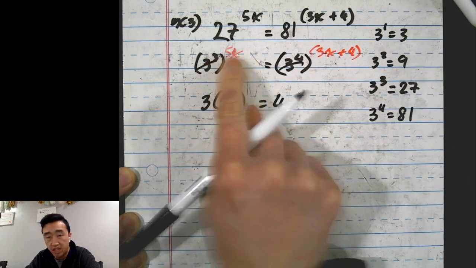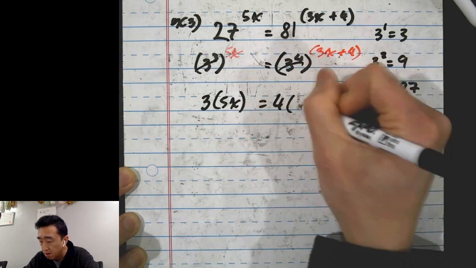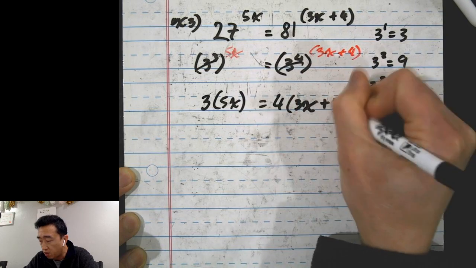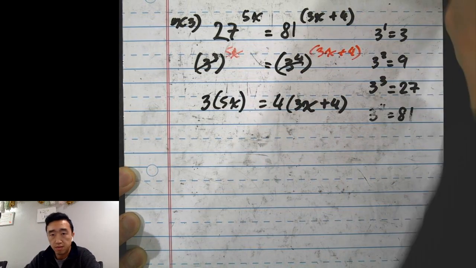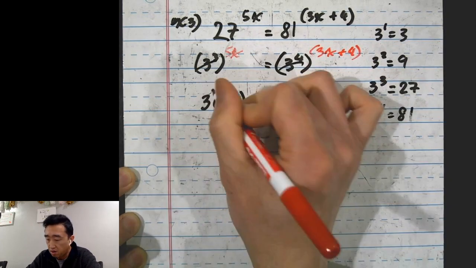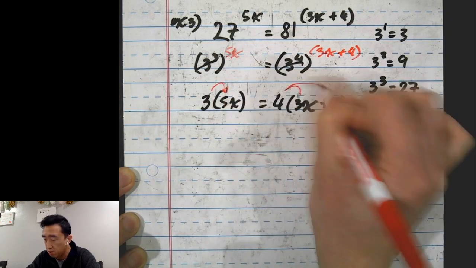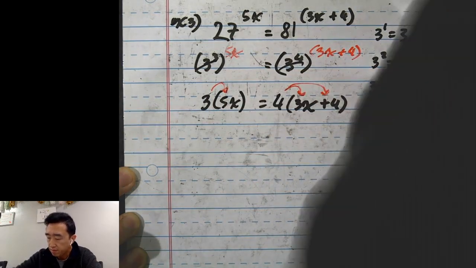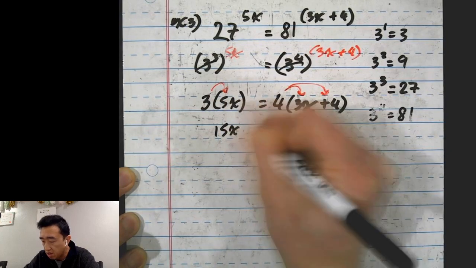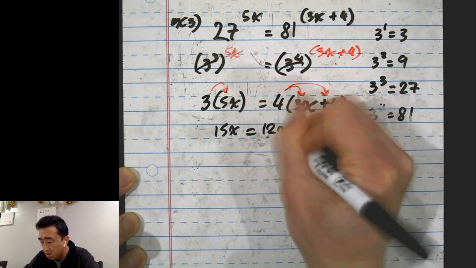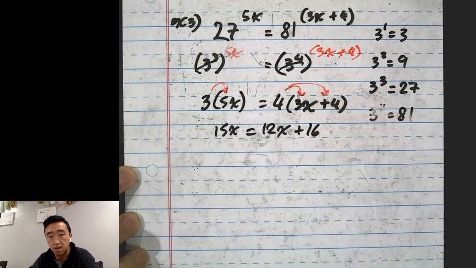So I'm just dealing with the exponents now. 3x plus 4. And from there, go ahead and just distribute. You end up with 15x equals 12x plus 16. And I think you can handle the rest on your own, but I just wanted to show you, right?